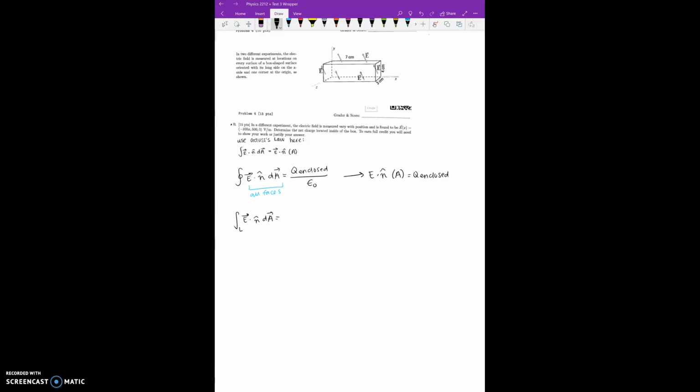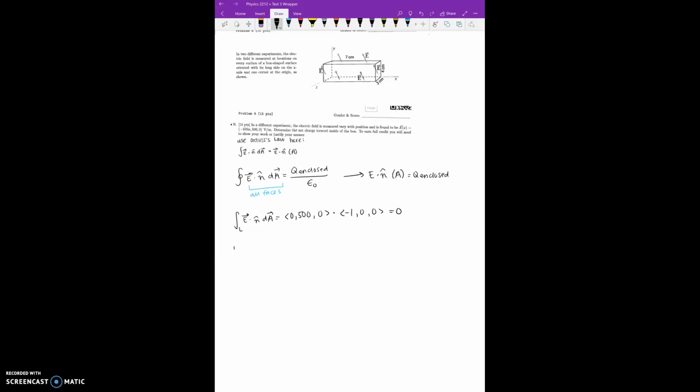And because we found it up here, we know that E times N dA is just going to be 0, 500, 0 times -1, 0, 0. And that gives us the electric field of 0 for the left side.